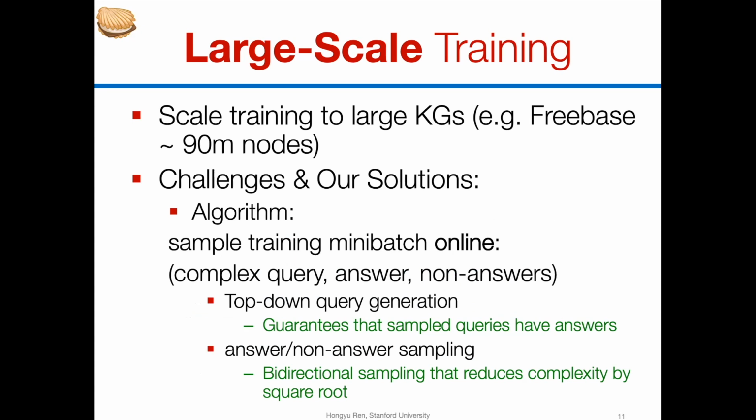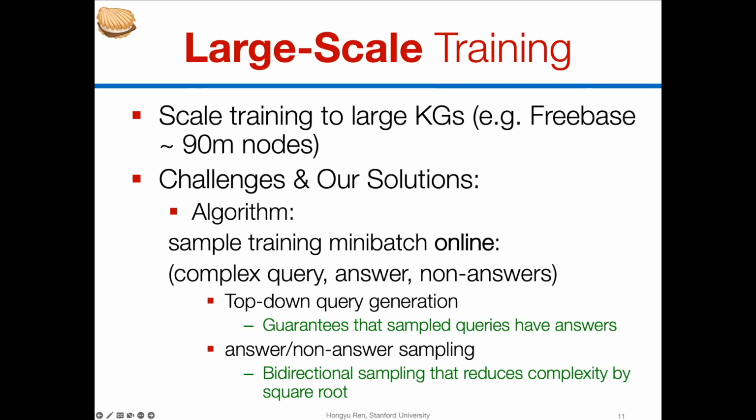And the challenge of scaling up Query2Box or these multi-hop reasoning algorithms, from the algorithm side, right, is that in order to perform this self-supervised training, we need to construct a mini-batch that includes a complex query, one positive answer and several negative answers, right? And we have to sample such data online, right? Since we can no longer pre-generate a set of query answers offline before training, because there are an exponential number of complex queries on this large graph.